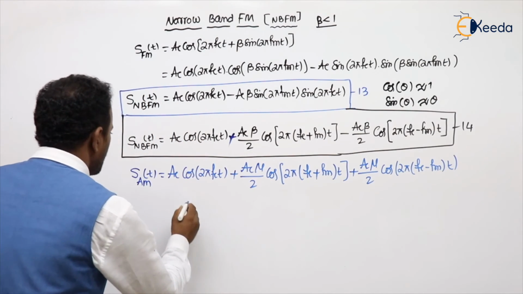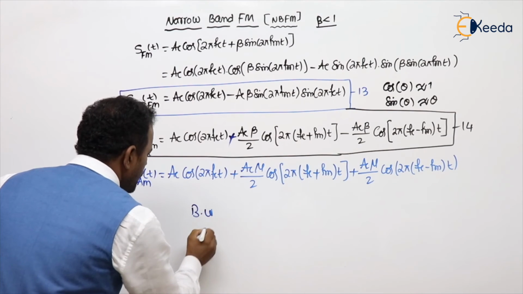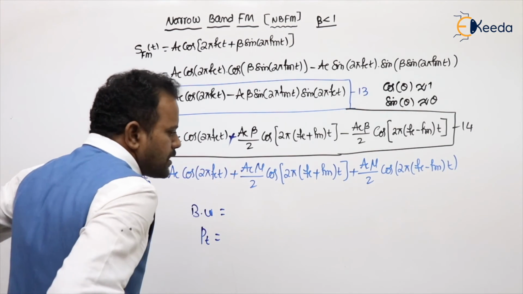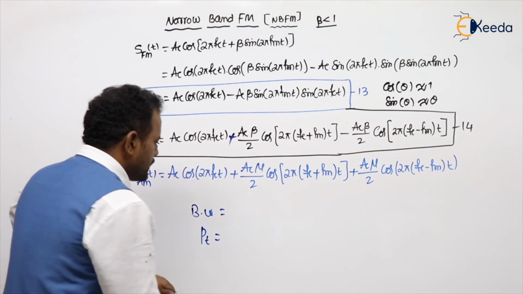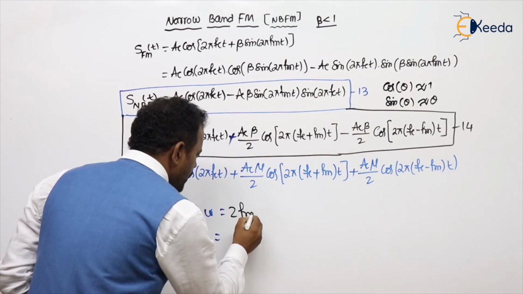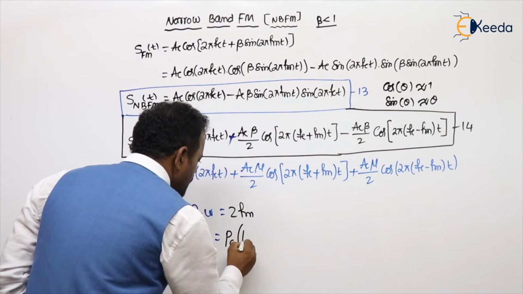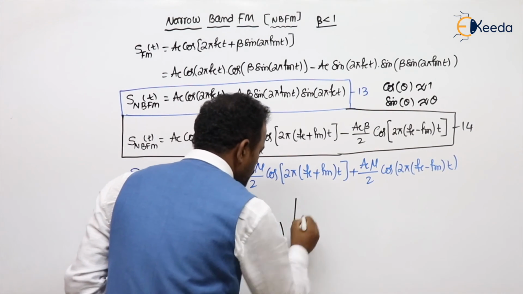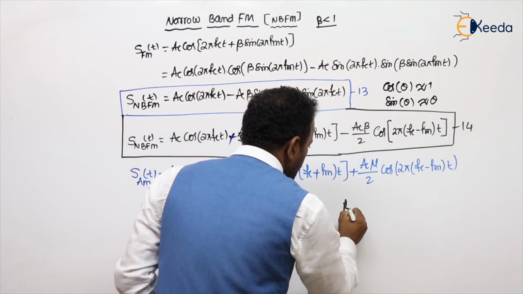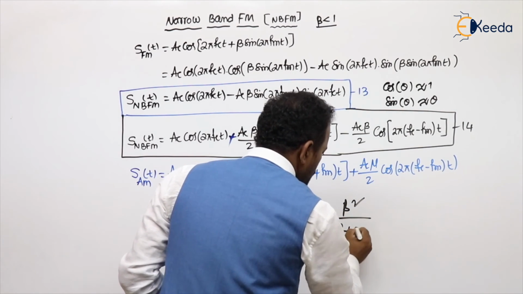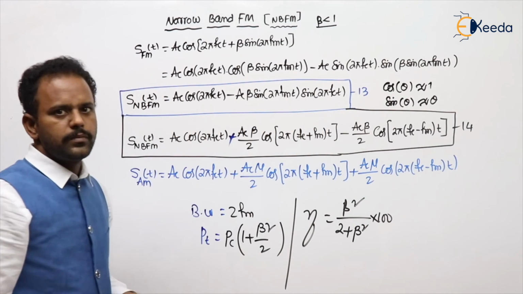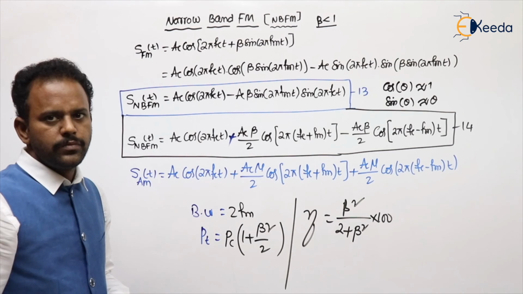Write the bandwidth requirement and power requirement of NBFM. The bandwidth is the same as AM, which is 2FM. Powers are PC into (1 plus mu square by 2) for AM, but here beta square by 2. The efficiency is beta square by (2 plus beta square) into 100 percent. Clear?